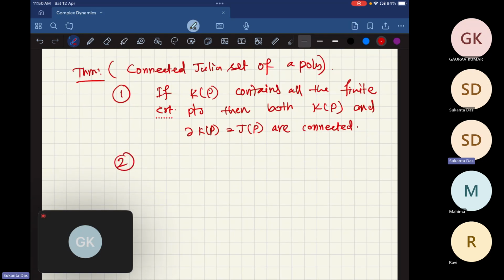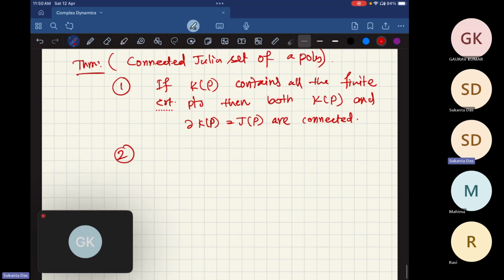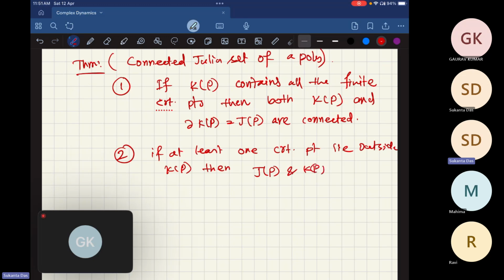And if at least one critical point lies outside Kp, then the Julia set, and obviously the Julia set as well as my Kp, are disconnected.